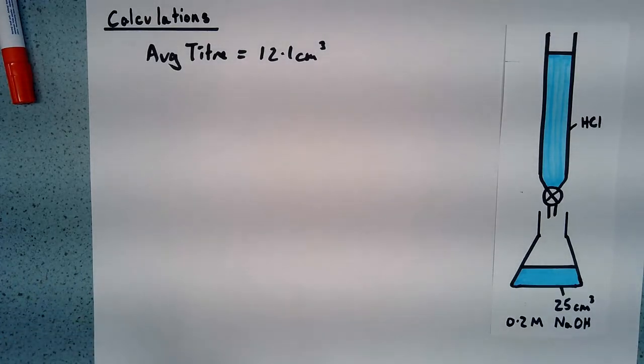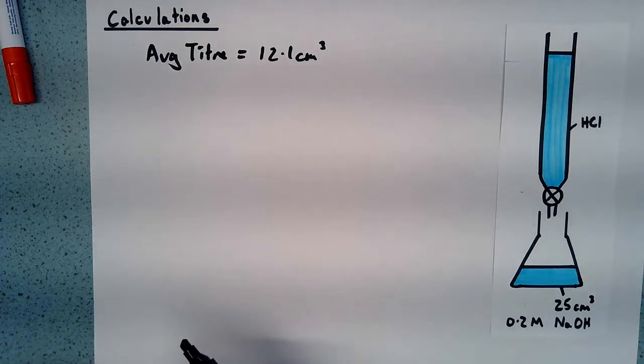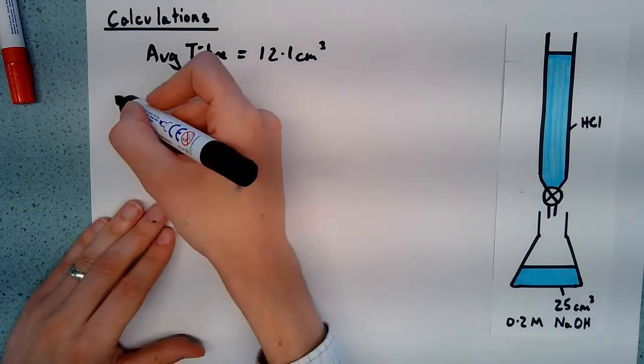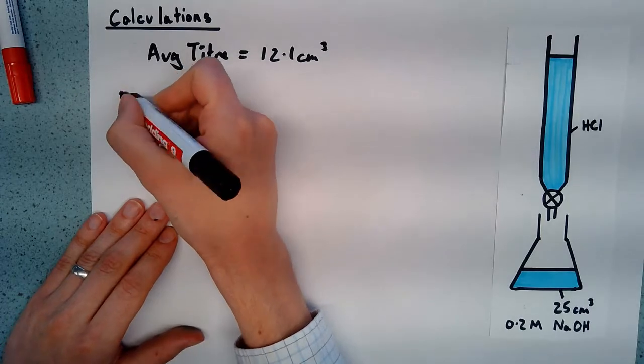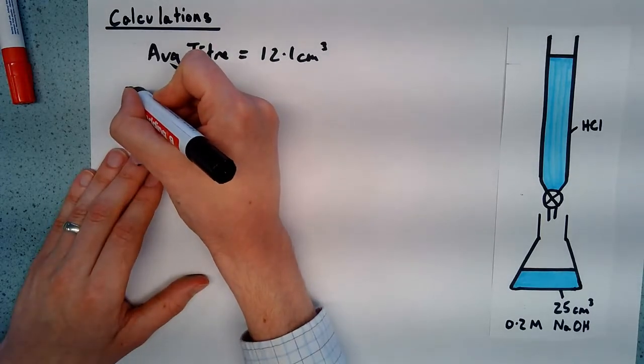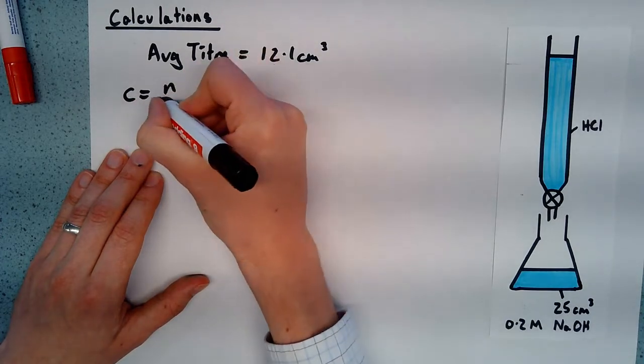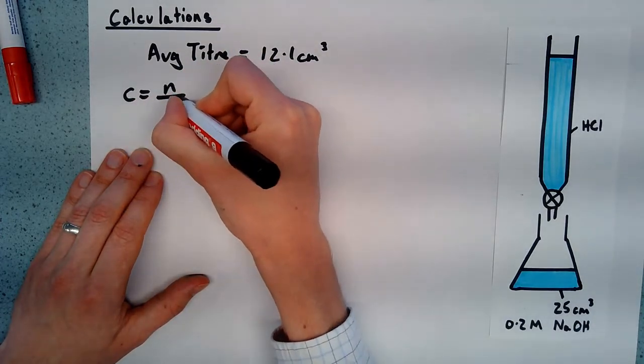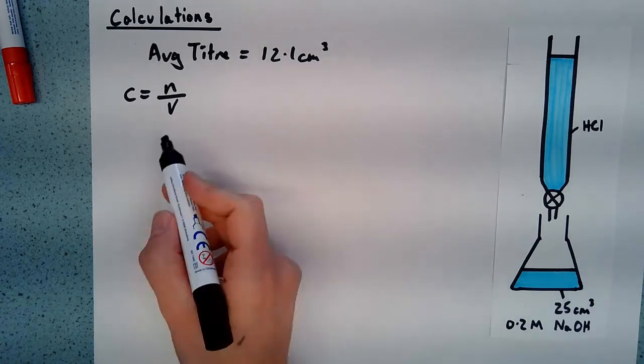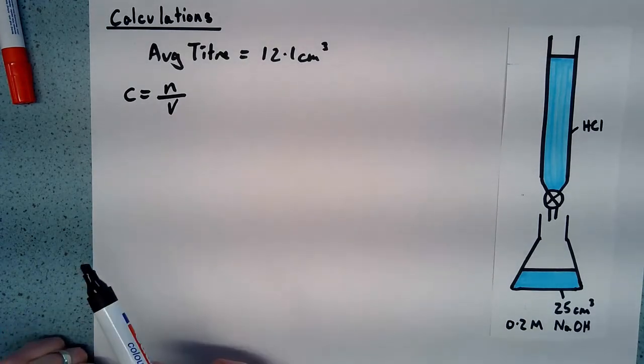We start by using, for an acid-base calculation anyway, concentration equals number of moles over the volume, and the volume in this case would be measured in decimetres cubed.